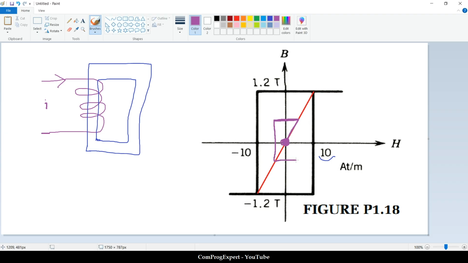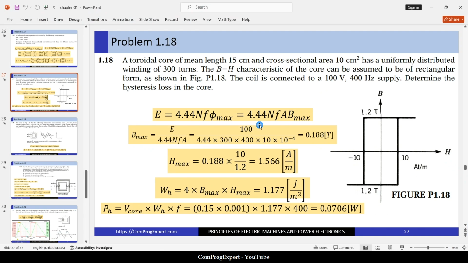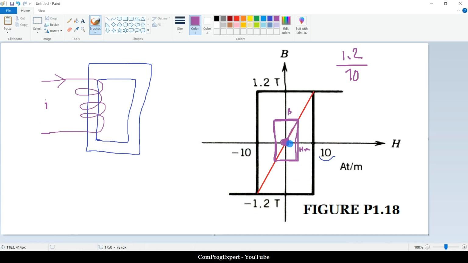So considering the hysteresis loop that is given in the problem, we can find the Bmax and Hmax using this red line. We have the slope of this red line. What is the slope? It is 1.2 divided by 10. So we have Bmax, and then we can calculate Hmax and calculate the area of this rectangle.